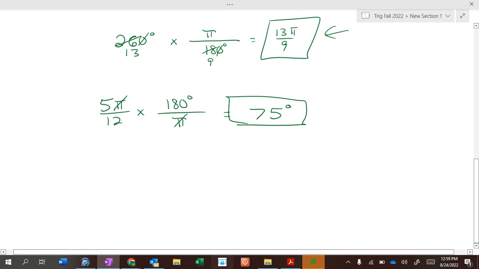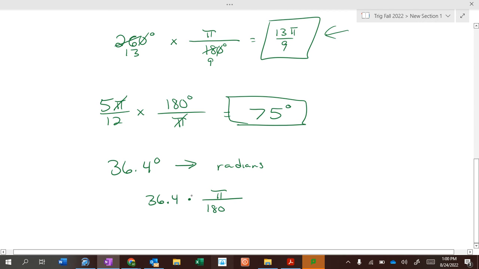Now, sometimes we'll want decimal answers, such as if we have 36.4 degrees and we're converting to radians, and they say put your answer in terms of a decimal. You just take 36.4 times what you're converting to, pi, divided by what you're converting from, 180.